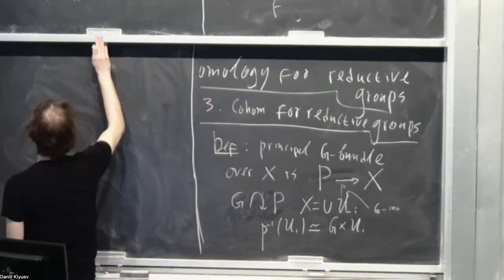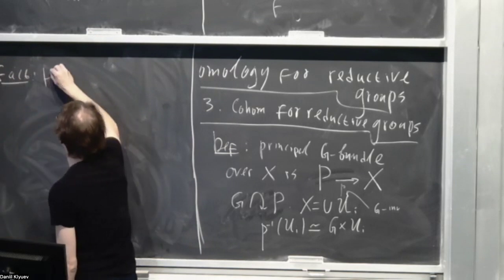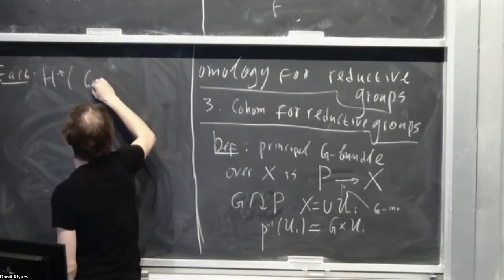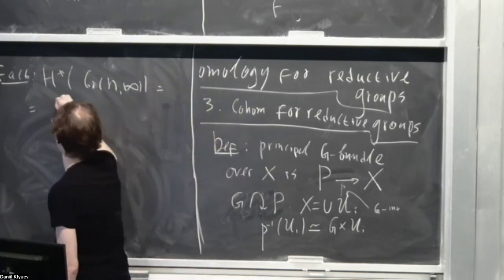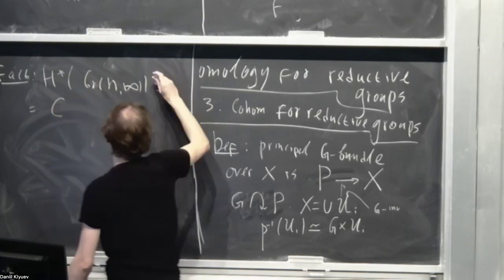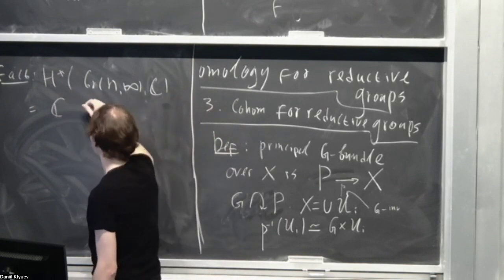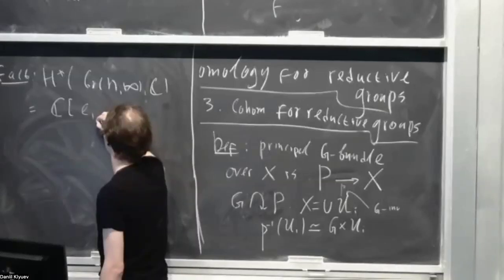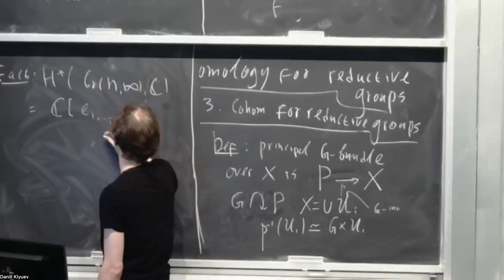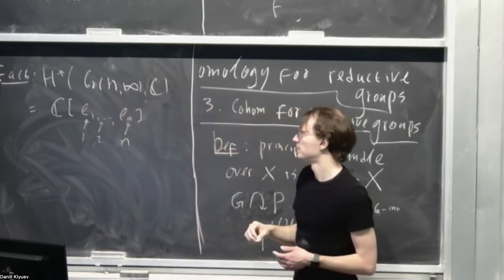So, fact: the homology of the Grassmannian of n-planes in C infinity, with coefficients, let's say, is a free polynomial ring in n variables in degrees 1, 2, ..., n respectively.